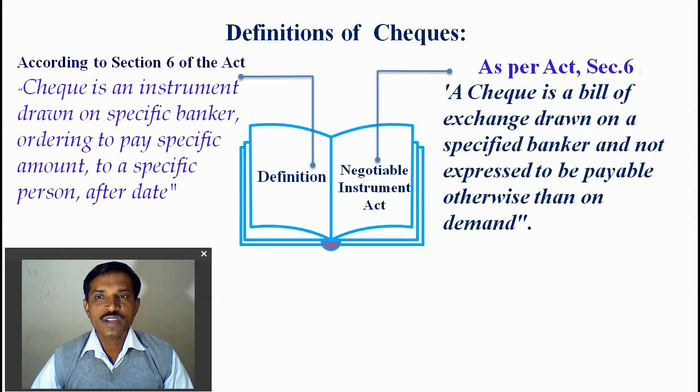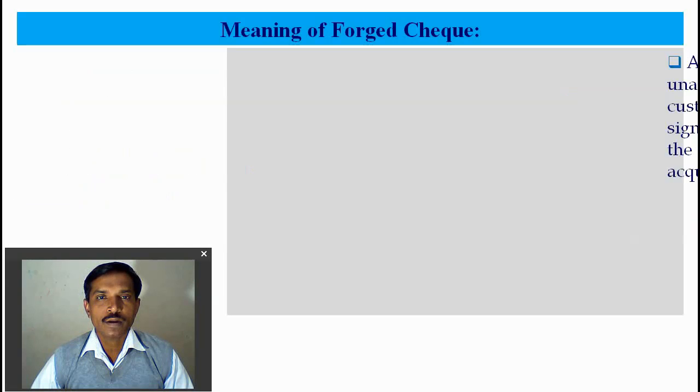As per section 6, a check is a bill of exchange drawn on a specific banker and not expressed to be payable otherwise than on demand. So whenever the customer presents the check at the counter and demands the money, only then is the money payable through the paying banker.